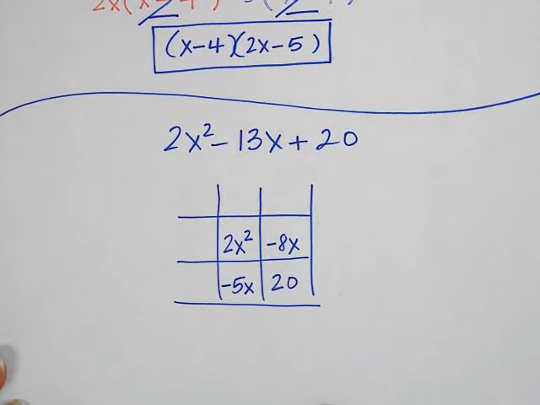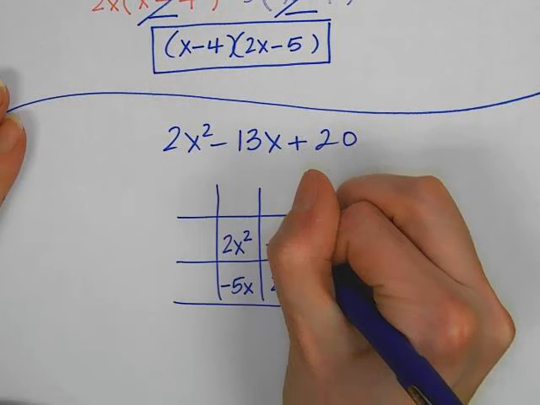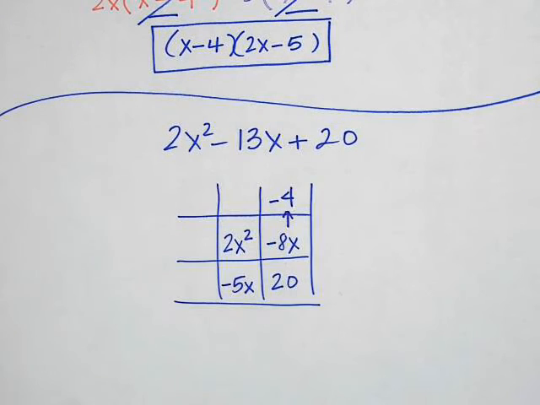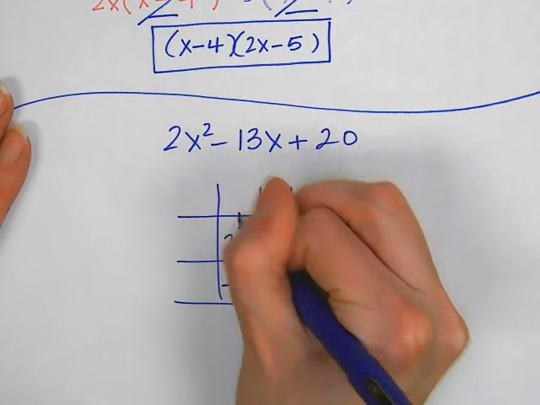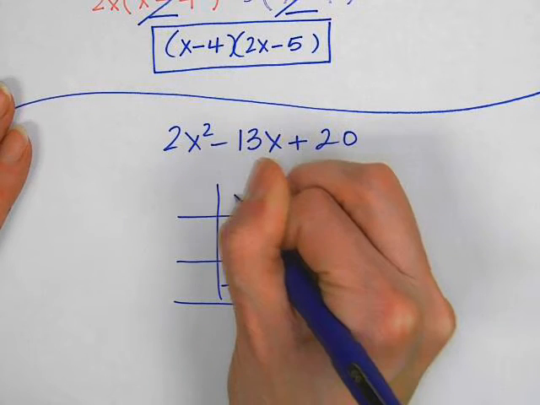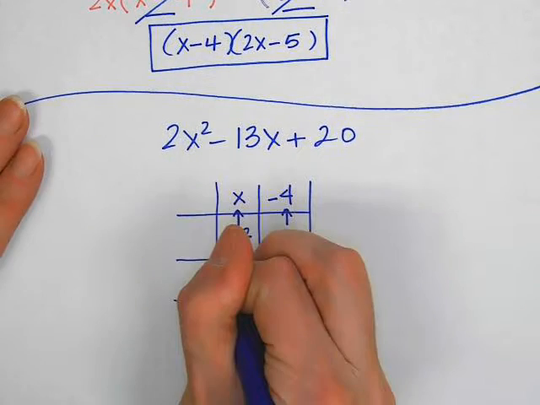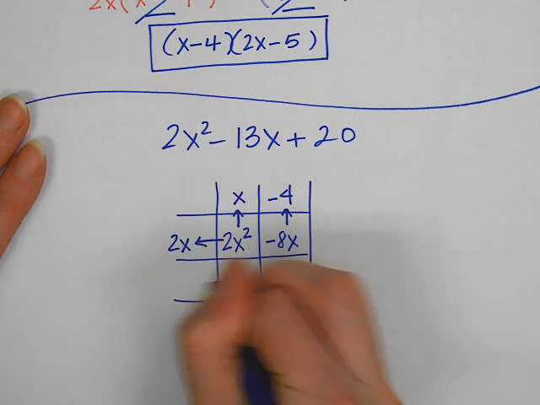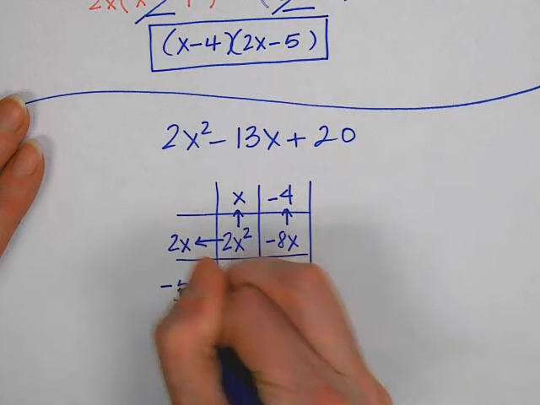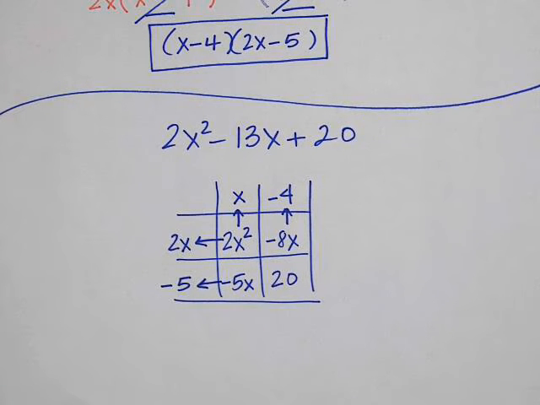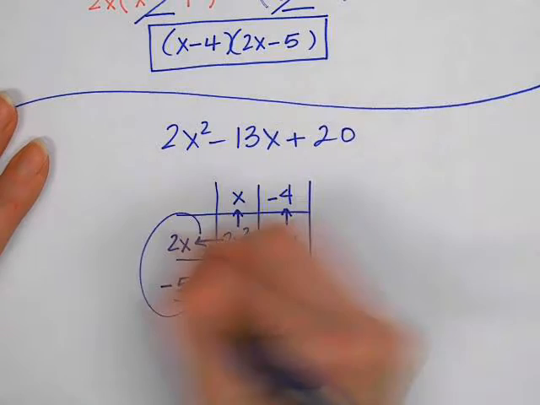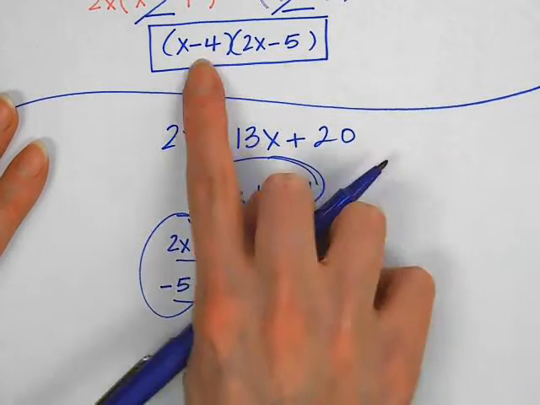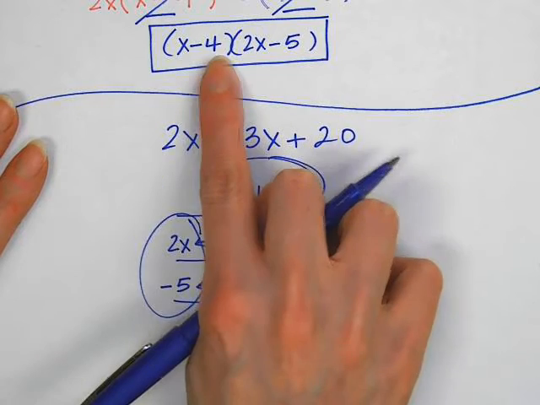The GCF of these is negative 4. The GCF of these is x. The GCF of these is 2x. And the GCF of these is negative 5. So notice our answer is 2x minus 5 times x minus 4. Same thing that we got here.